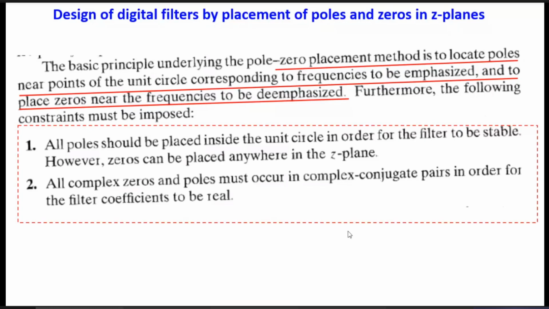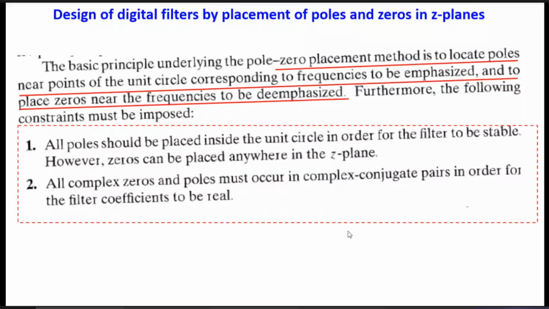So poles make the system function high and zeros make the system function zero. If you want high gain at certain frequencies, you need to place poles at those frequencies. If you want low gain at those frequencies, you need to place zeros. So that is the concept.